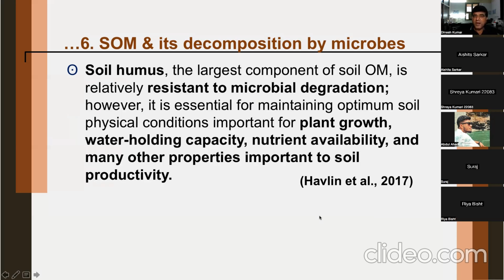Soil humus, the largest component of soil organic matter, is relatively resistant to microbial degradation. So normally, the higher the humus, the higher is the cation exchange capacity, anion exchange capacity, and most of the soil properties are improved.